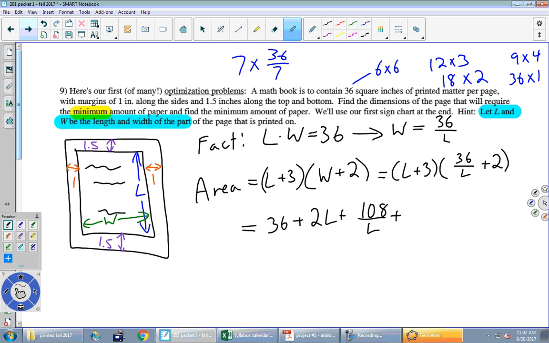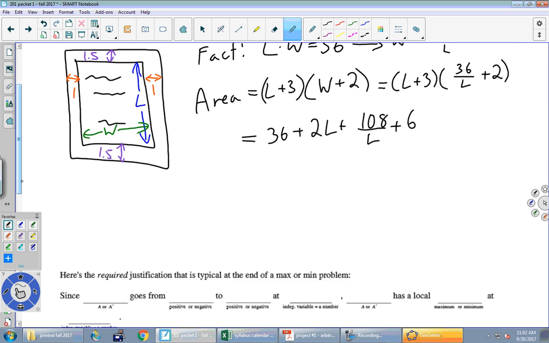And then plus the last 6. It's all plus. Okay, that's good. We'll just combine like terms here and get our simplified answer. So area equals, so the 36 plus the 6 joins to make 42 plus 2L plus 108 over L.